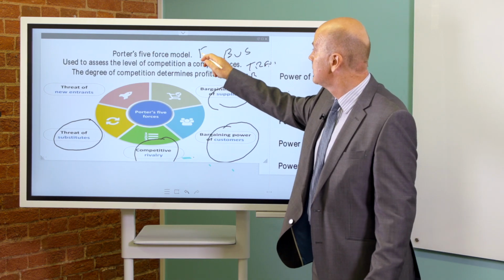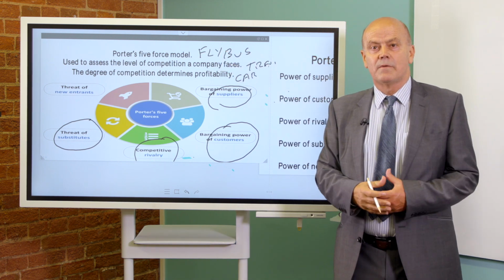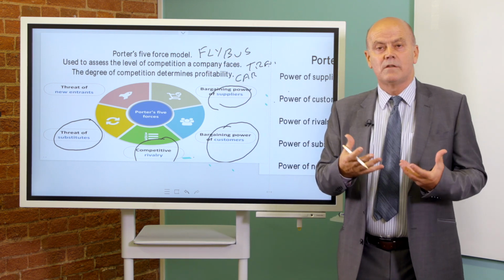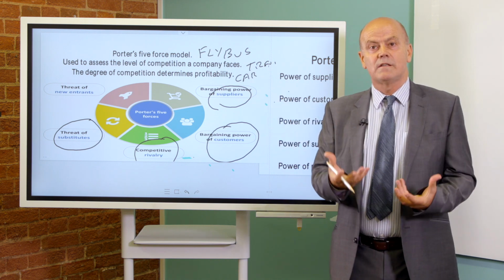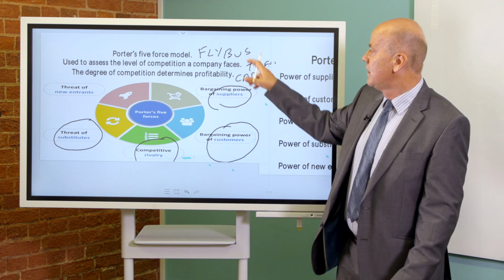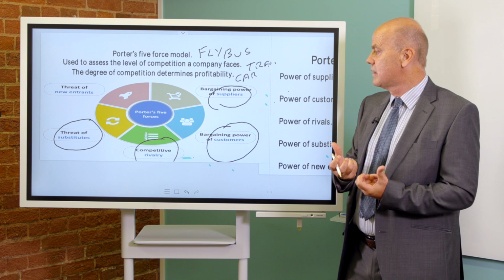And even I think you could also fly potentially. So even if you're running a bus company, you do actually have competition from an airline, you have competition from the train company, you have competition from a taxi company. All these industries may not feel like they're competing, but they are actually in competition with each other.